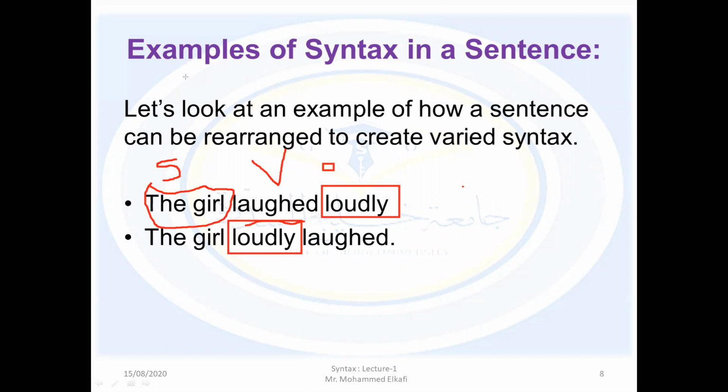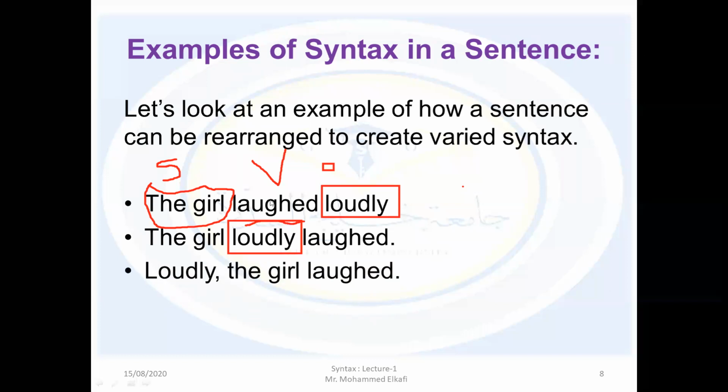And we can think also of the third example, which includes the same contents, but with another order. It includes the word loudly in the first position of the sentence.